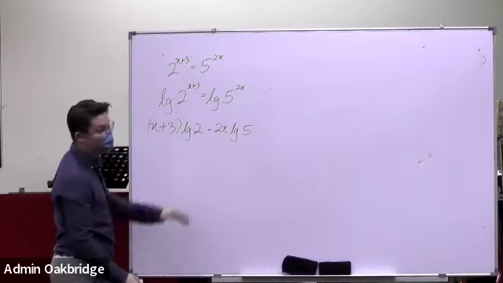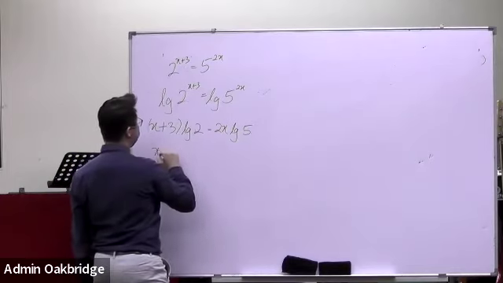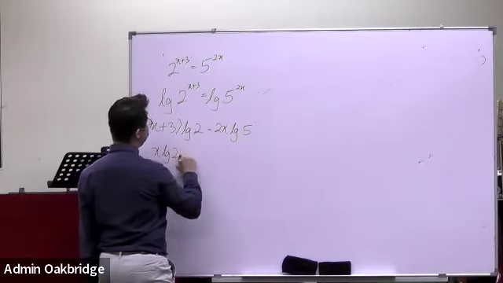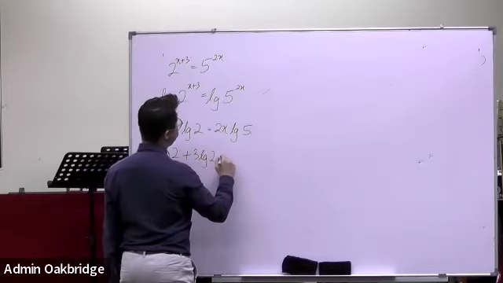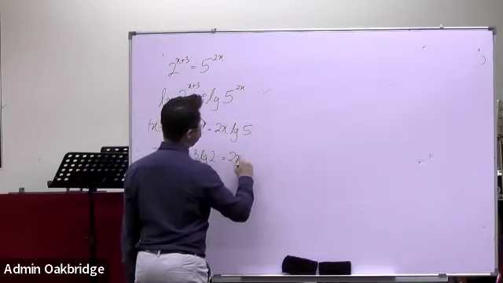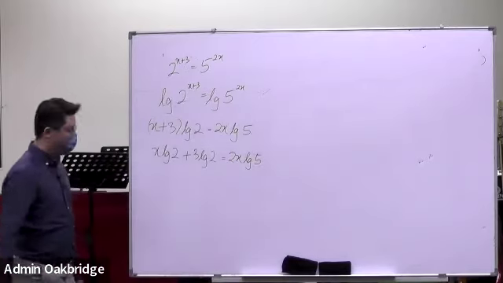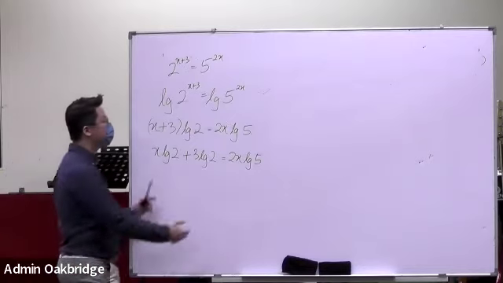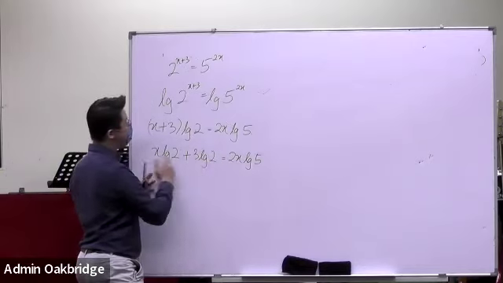From here, you're going to expand it. Getting complicated now. So x log 2 plus 3 log 2 equals 2x log 5. Then not yet finished. You still have to put the log terms and the like terms together, x and x.